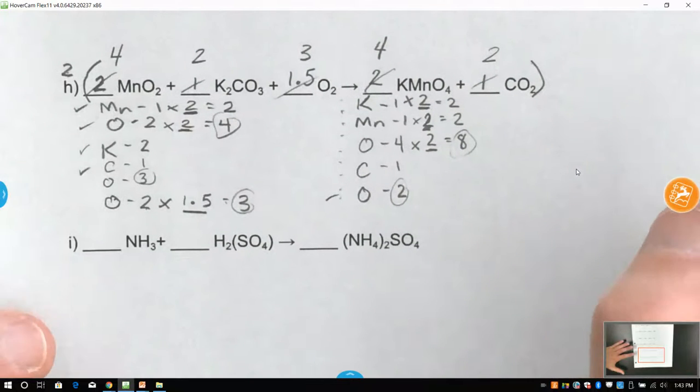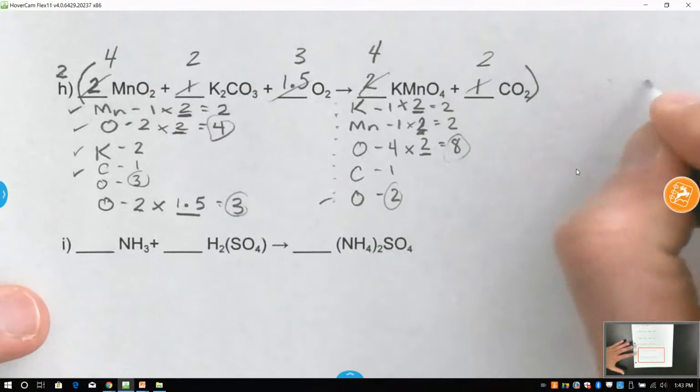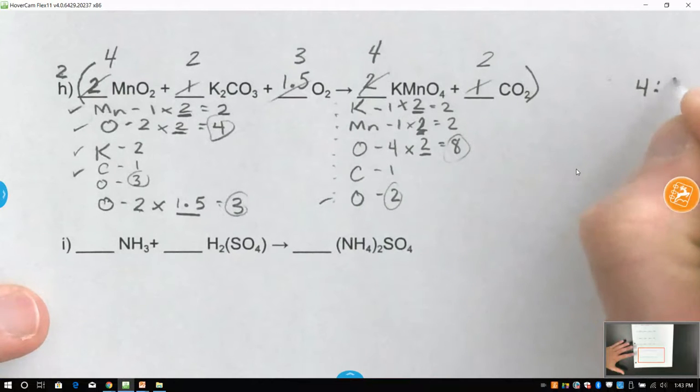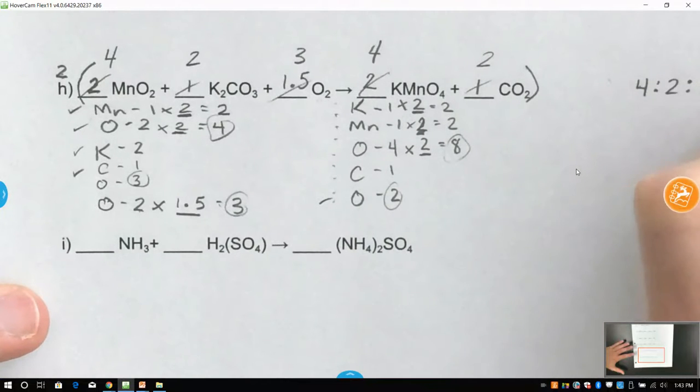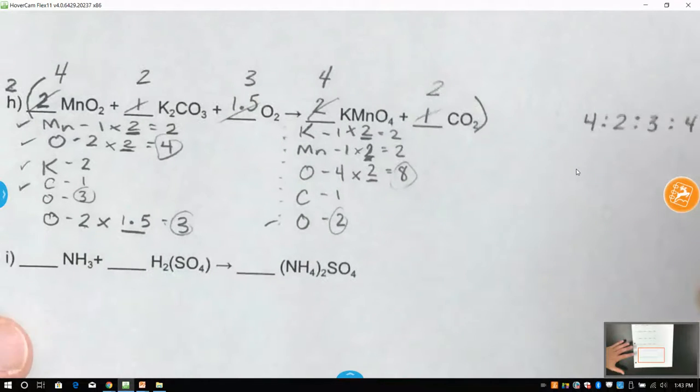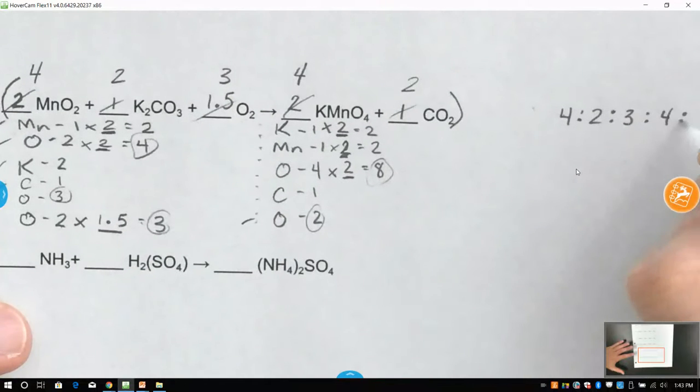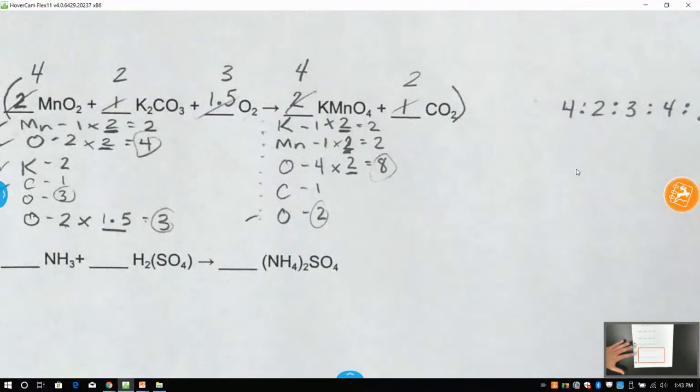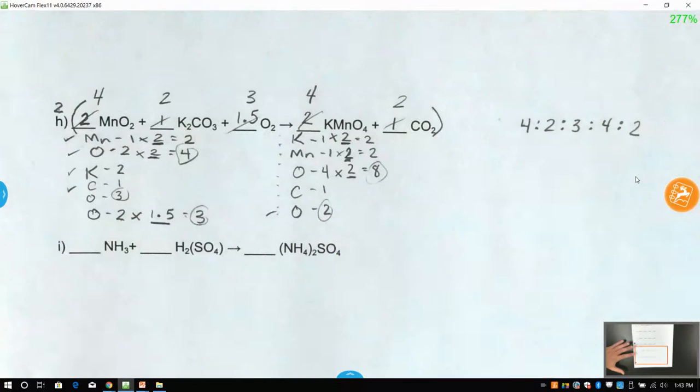And this gives us a mole ratio of 4 to 2 to 3 to 4 to 2. 4, 2, 3, 4, 2. Yeah.